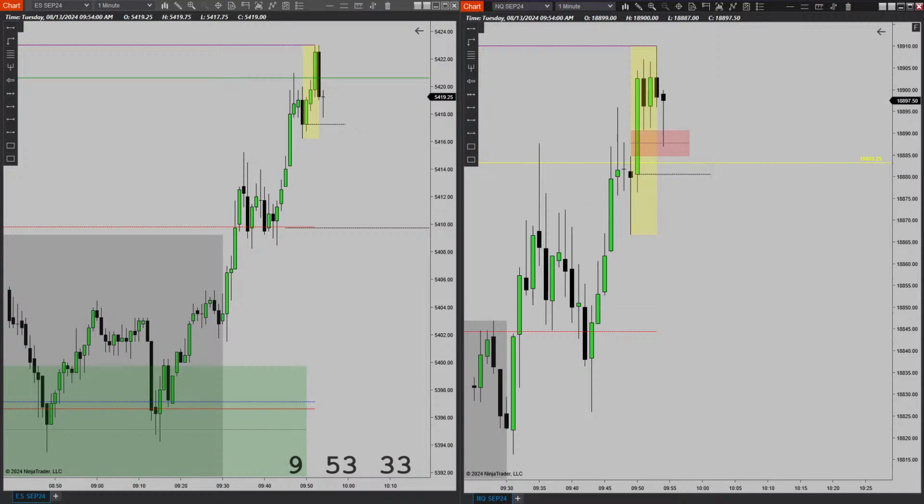All right, how high is price in relation to everything else? Okay. Again, this was the high of the weekly gap.